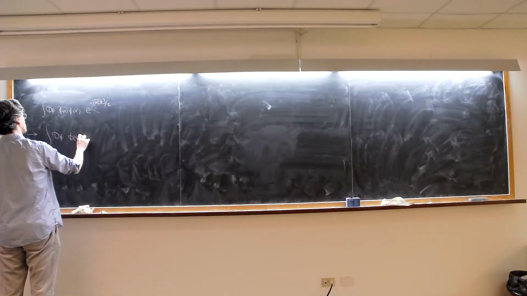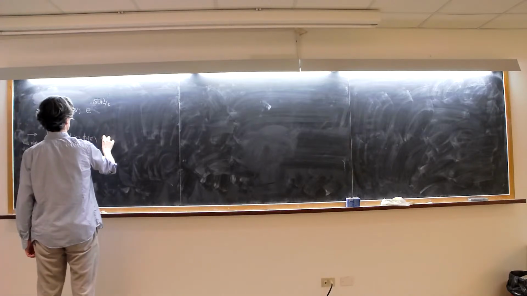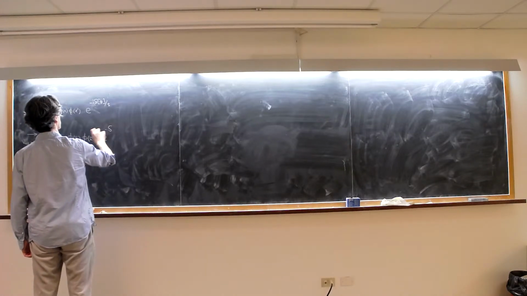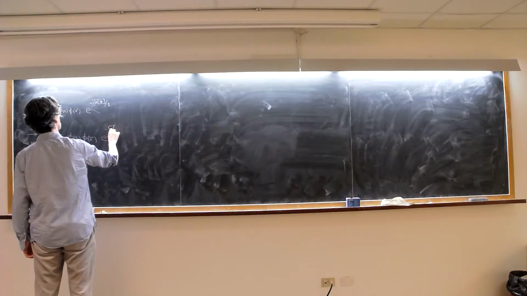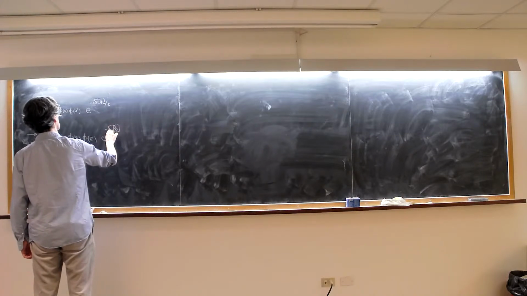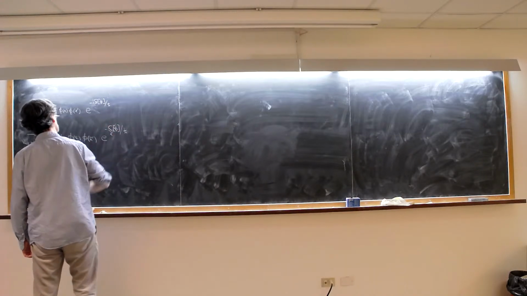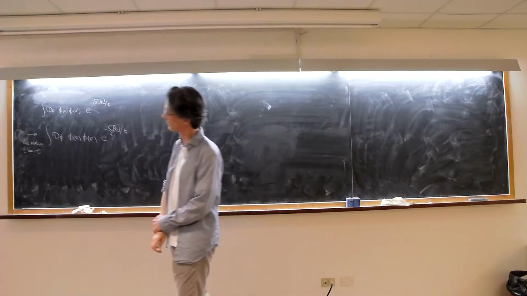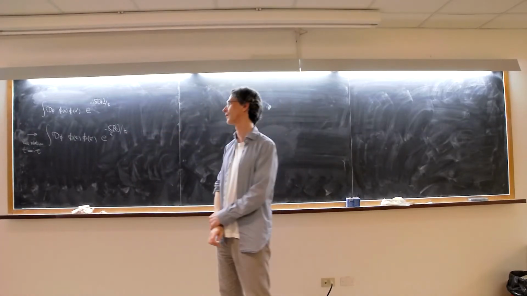And so I used to say then that this is, let me put a bar here for the rotated thing. And then I get the so-called Euclidean action.